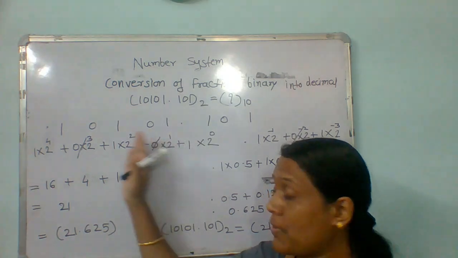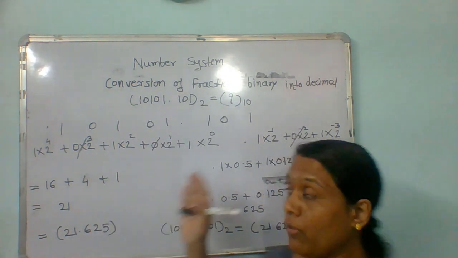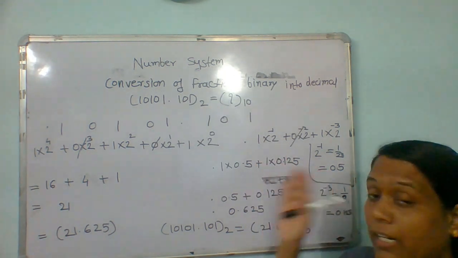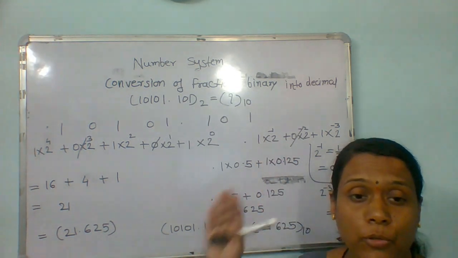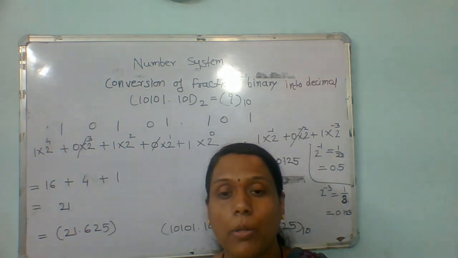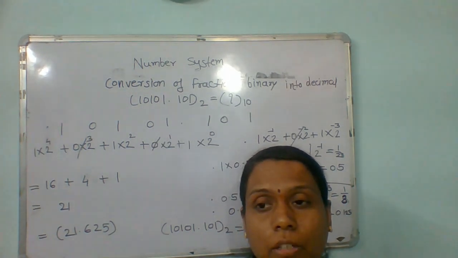The steps before the decimal point are the same as what we did previously, but here we just have to make a little bit of change, that is, start giving power from left to right starting with minus 1. So this is about the conversion of a fractional binary number into the decimal number system.